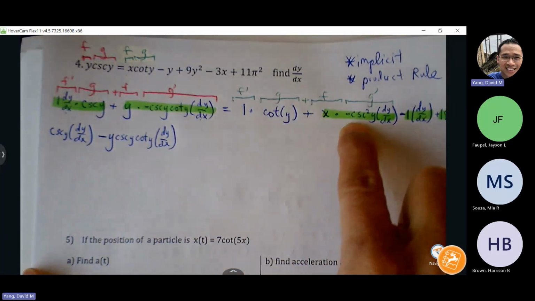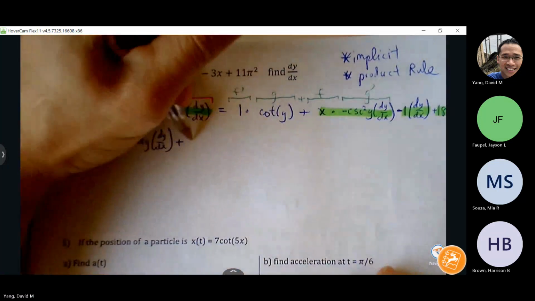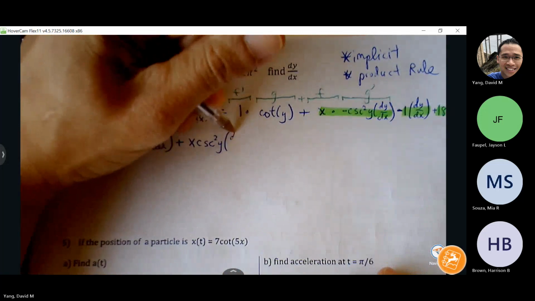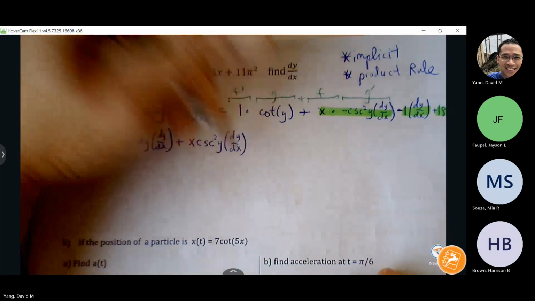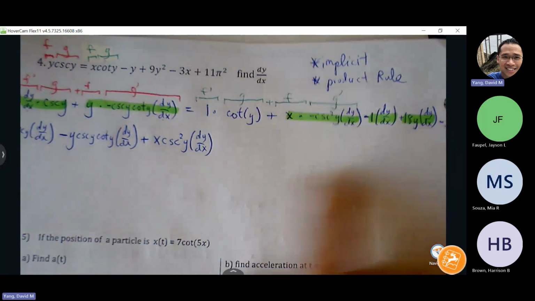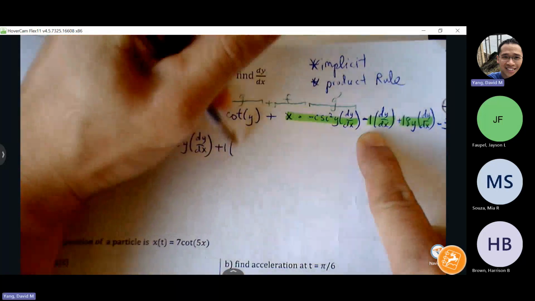So this is going to turn into a positive x cosecant squared y dy dx. This -1 dy dx is sitting on the right side. I want to move it to the left side, so I got to change the sign. So +1 dy dx.